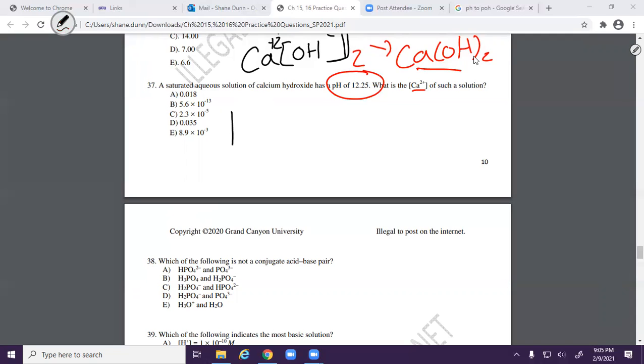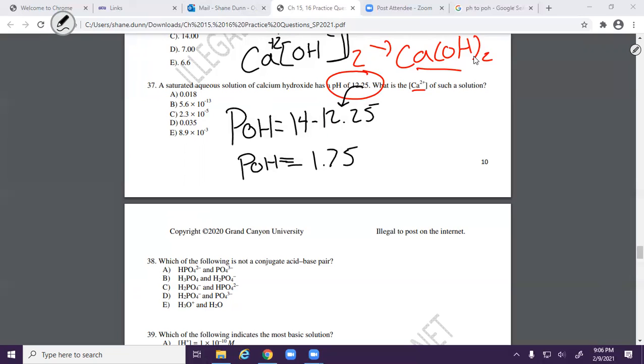So how do I find pOH? 14 minus 12.25. So what's my pOH going to be? 1.75? Good.